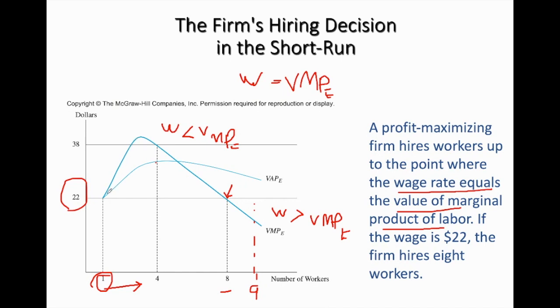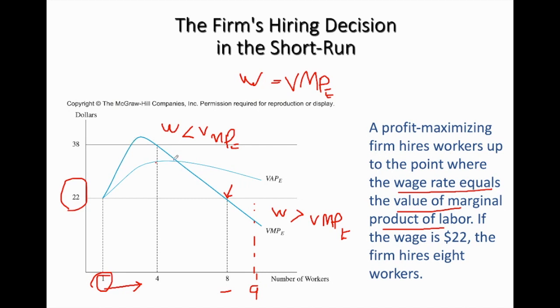In other words, hiring more workers from 1 and more, the additional revenue from the additional worker is more than the cost of hiring the worker given by the wage rate. So logically, the firm will keep hiring the workers. The firm will not stop because this is the segment where the value of marginal product is rising.